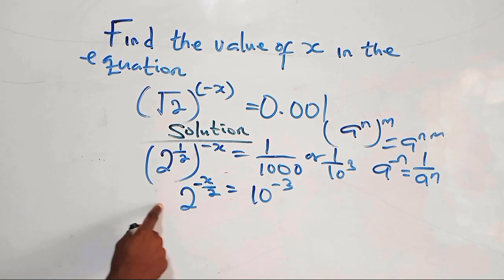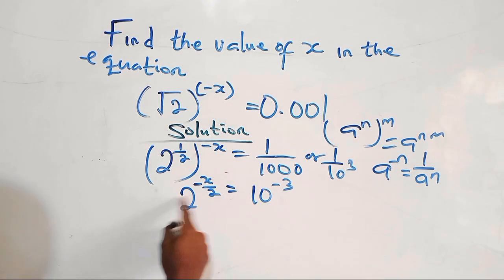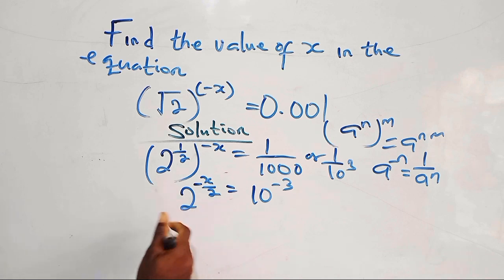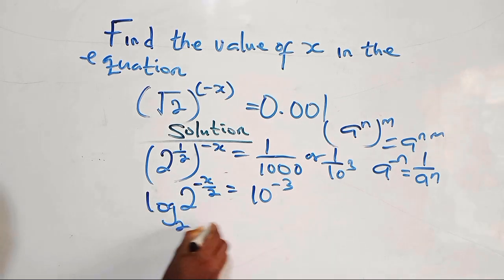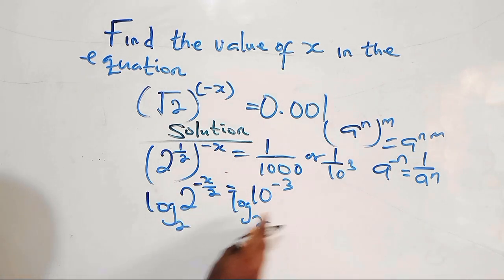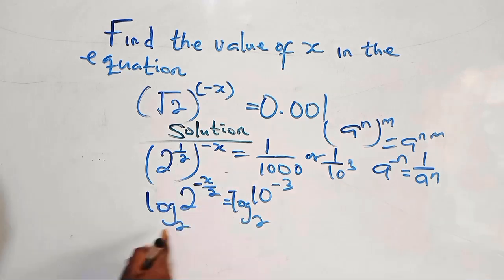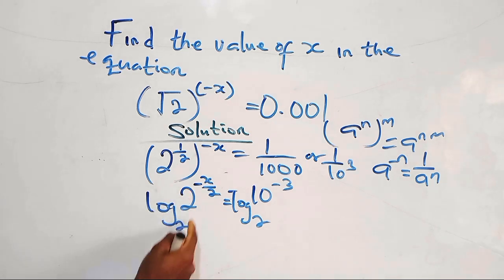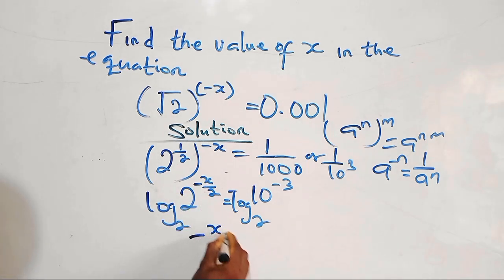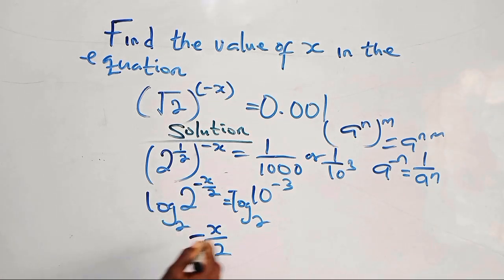The next thing you do is take log of both sides. So we say log base 2 of both sides. Here you have equal base and 2, so this gives you 1. What we are left with is minus x over 2 at this point.